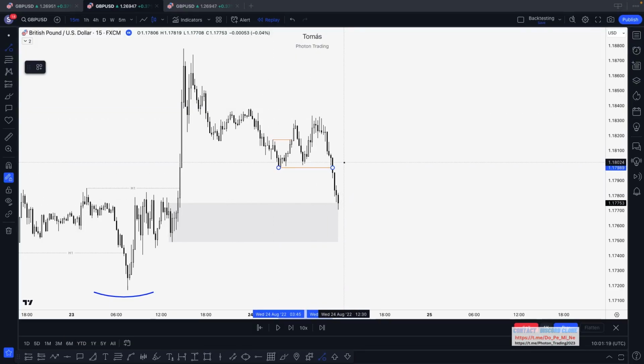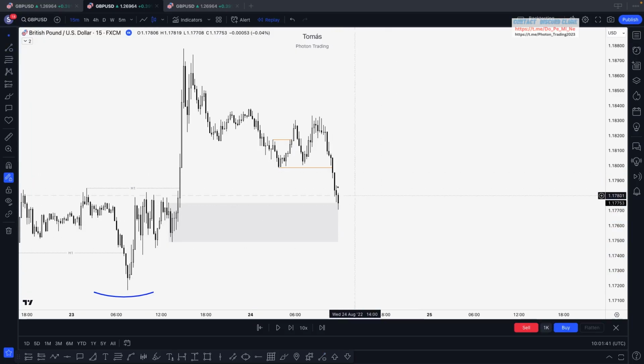And not only that, these kind of trades are definitely valid, but at least from the way I trade, I know that when price extends more and more and more, it becomes less and less probable.